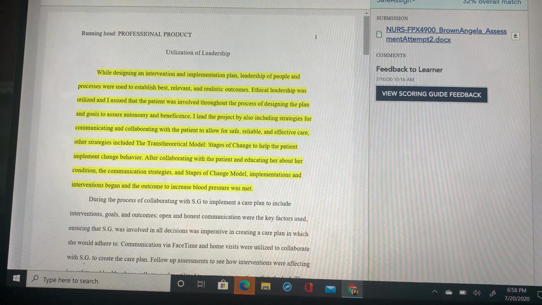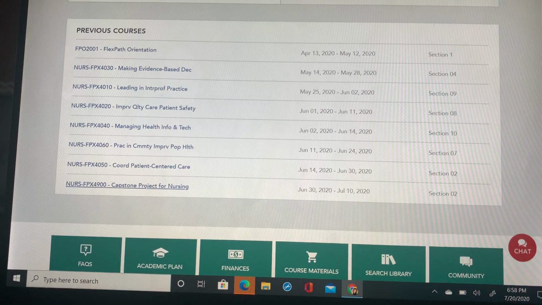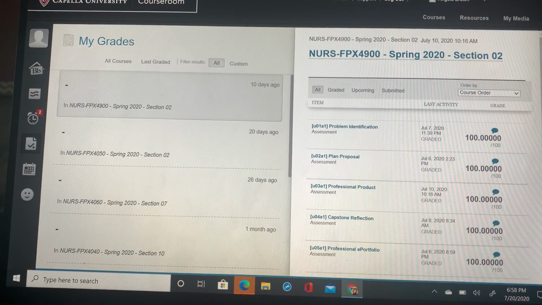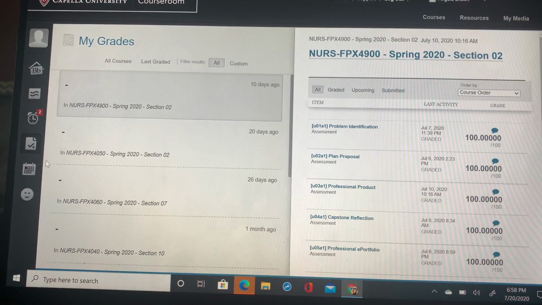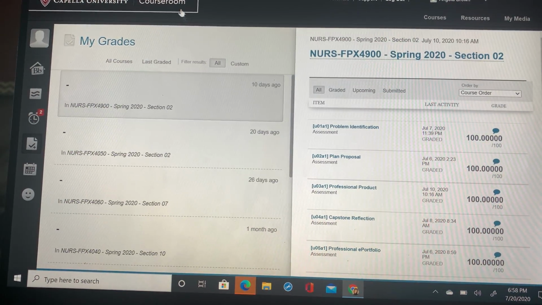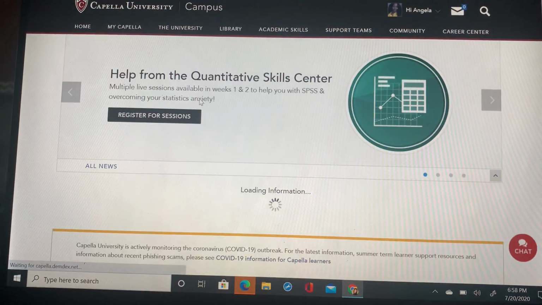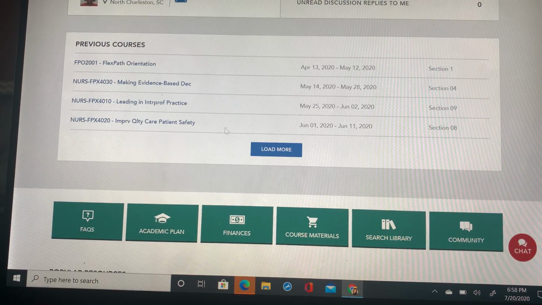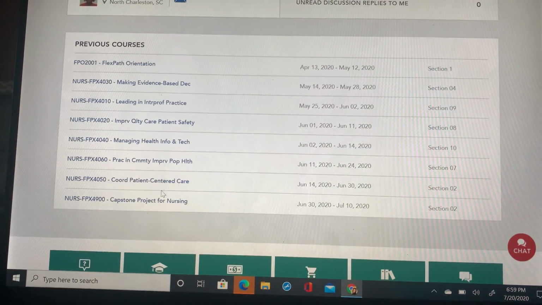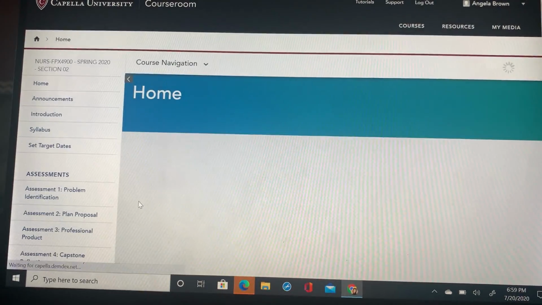Hold on. Let me go back to the old scoring tool. Close round. $4,900.